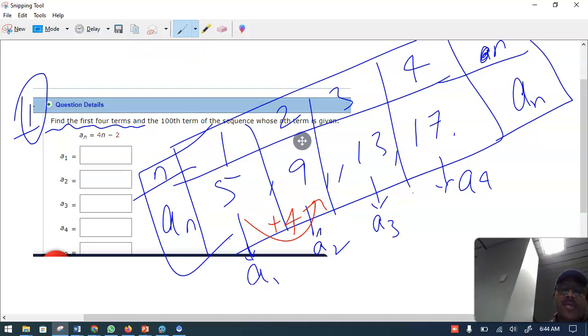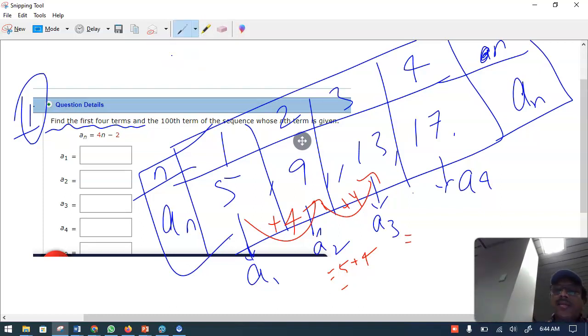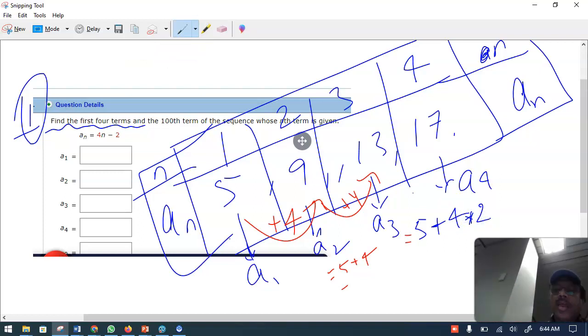So 5 plus 4, and then again you add plus 4, that means A3 is the 5 that was the beginning, and then you added 4 two times. So this is A3.